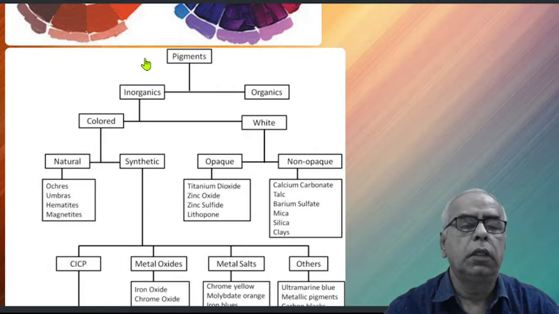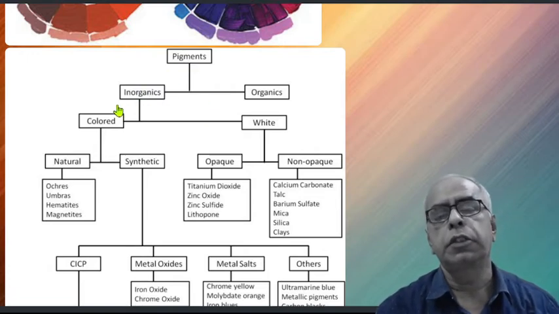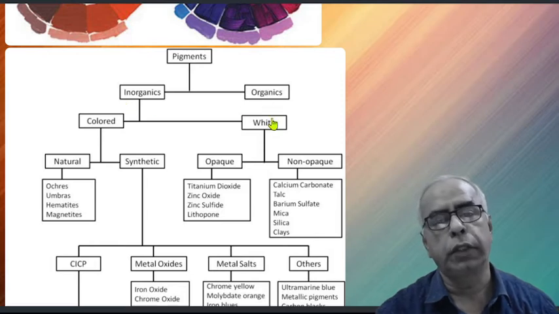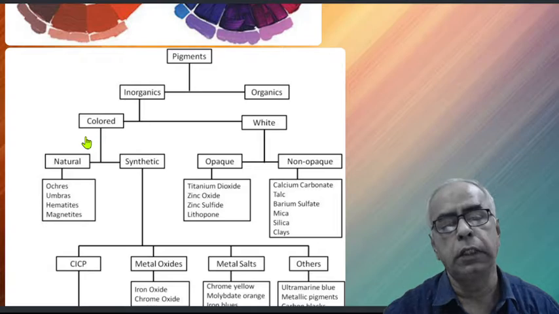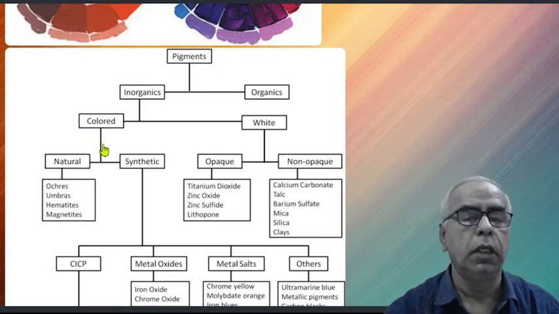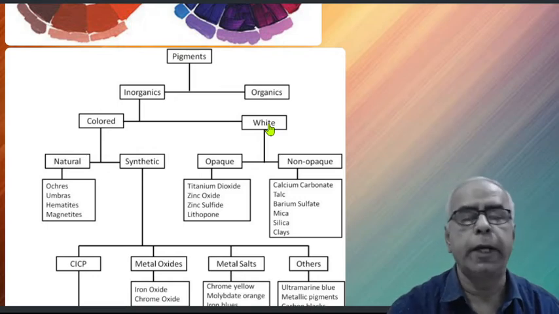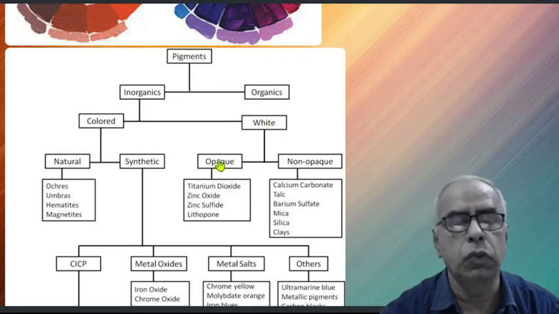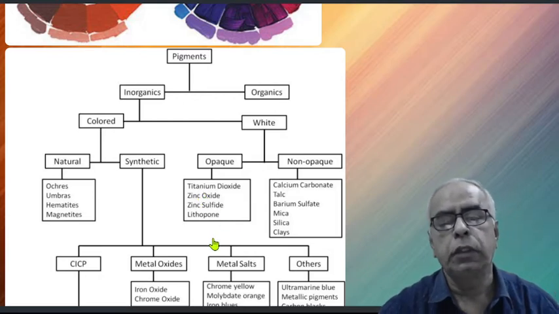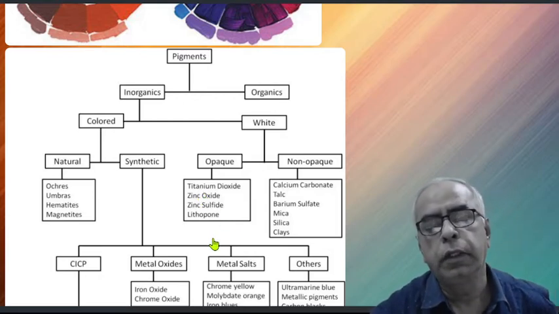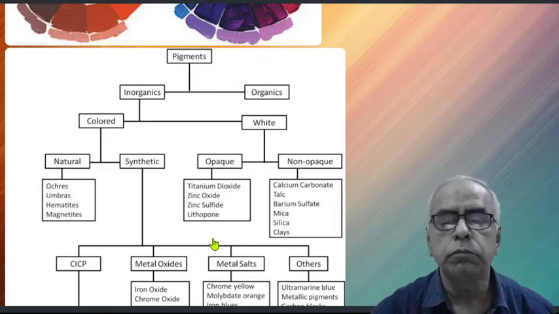Now, the pigments can be broadly classified into, as I already suggested, inorganic and organic, where we have white inorganic and colored inorganic. White pigments particularly give more opacity, so it is called opaqueness. Titanium dioxide, zinc oxide, lithopone, and zinc sulfide give better opaqueness, that is opacity, hiding power.